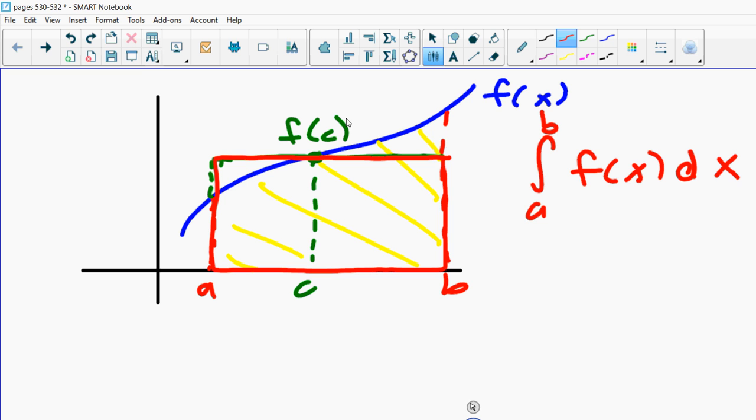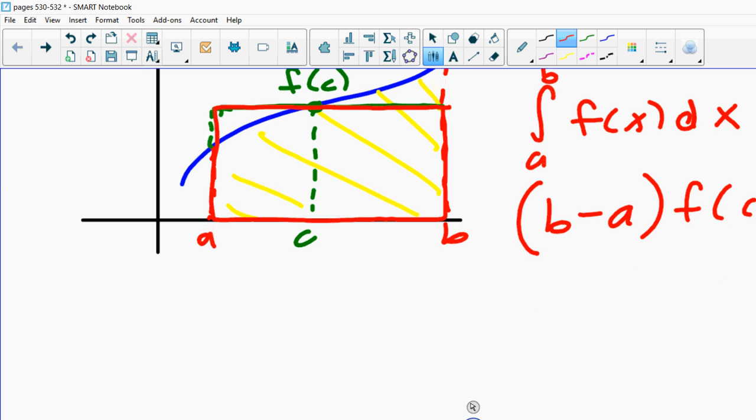B minus A is the base of that rectangle. What's the height of that rectangle? F of C. The area of that rectangle is F of C times B minus A. Its height times its width.